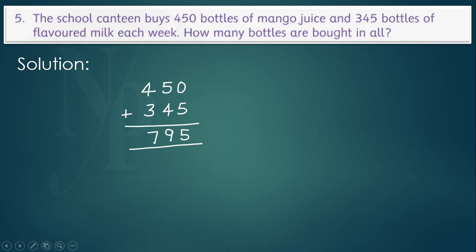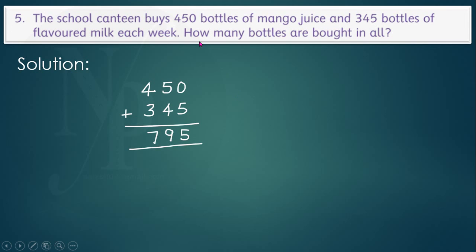So therefore the school buys 795 bottles in all. So the conclusion should be 795 bottles are bought in all.